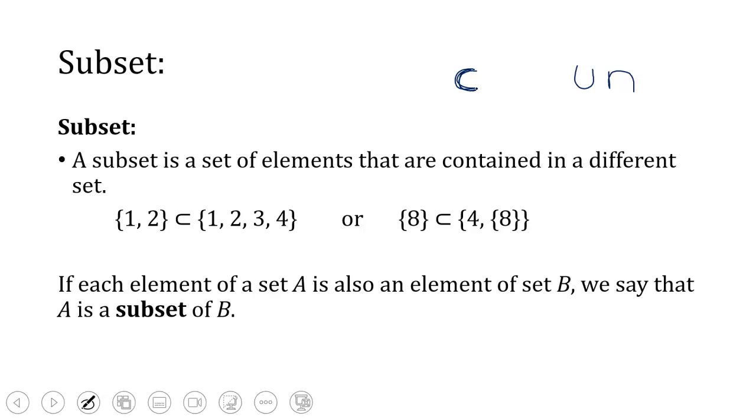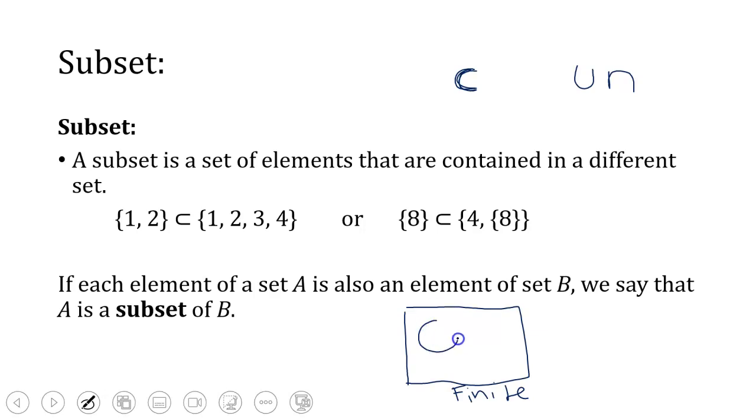So if each element of a set A is also an element of set B, we say that A is a subset of B. So essentially, let's take the whole class of finite math. The universal is everyone in finite math.